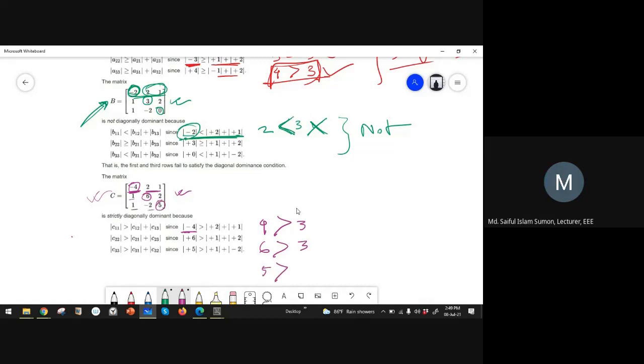The sum of the non-diagonal elements is 3, absolute values. So all the diagonal elements are greater than the sum of the non-diagonal elements. So this is diagonally dominant, and we can also say this is strictly diagonally dominant, because the strictly greater than condition is fulfilled here.